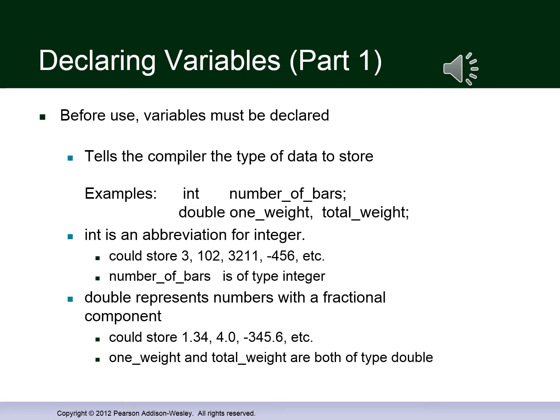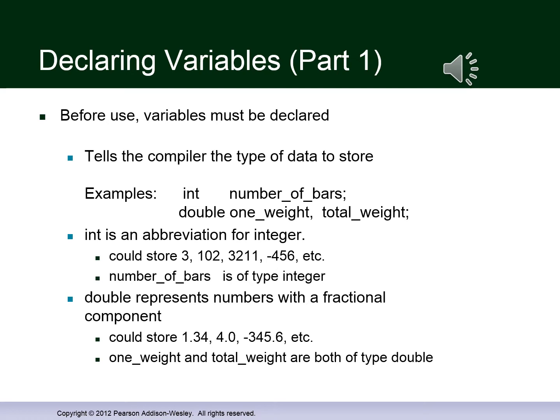So if I try to put 55.7 into number of bars, it will be truncated to 55, which is not a good thing. Double one weight, total weight will hold numbers with fractional components. Here's some more. Int is an abbreviation for integer, stores whole numbers, 3, 102.